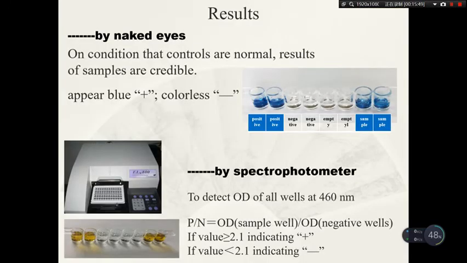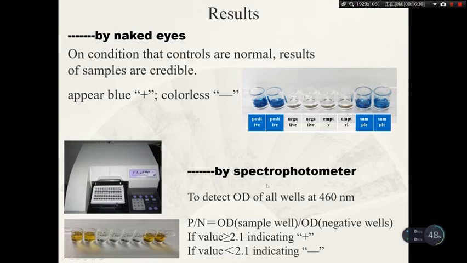We can analyze the result in two ways, by naked eye and by spectrophotometer. First, let's see how to analyze the result by naked eye. If the negative control and blank wells are colorless, but the liquid in the sample wells shows a bright blue color like the positive control, we can see the sample gives a positive result.